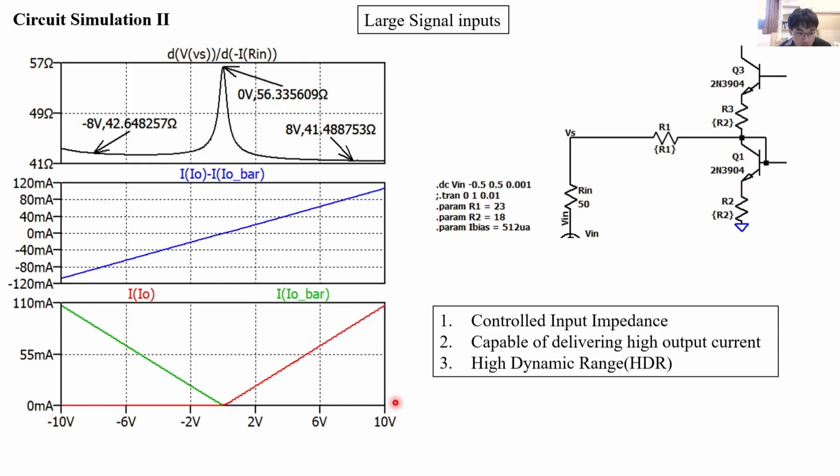It's a very high range, and the output current has no distortion. Yes, linearity is very high. That's the simulation of the circuit.